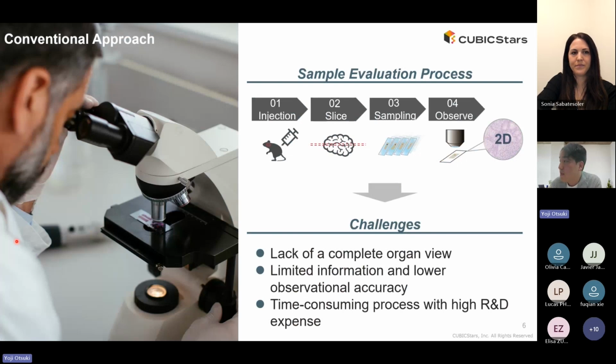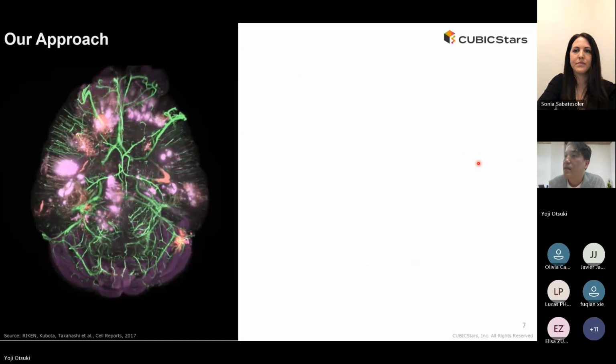Since we see in 2D, there is a lack of the complete organ view, and it's hard to get enough information from the sections. It's time and energy consuming to make the slices every day, yet it's hard to get enough information to make the right decisions to accelerate drug discovery.